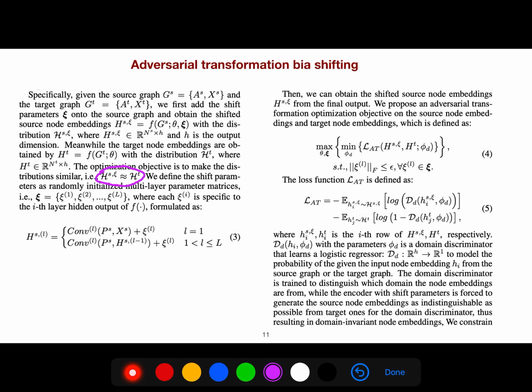So we define the shift parameters as randomly initialized multi-layer parameter matrices. So these shift parameters are matrices, they're not just scalars. Then we can obtain the shifted source node embeddings. And we propose an adversarial transformation objective on the source node embeddings and target node embeddings.